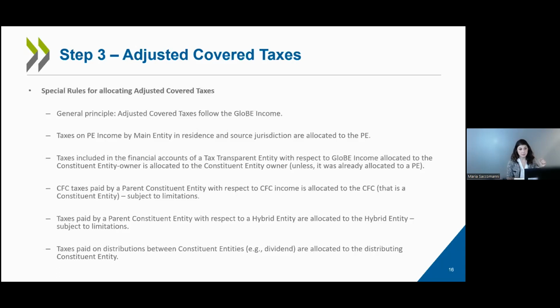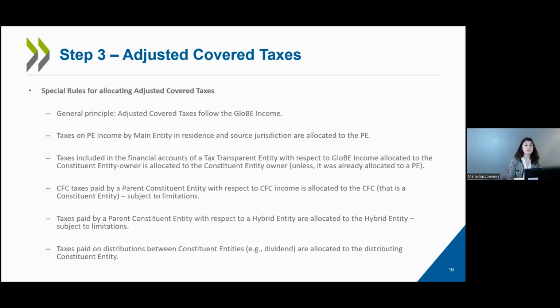Then there is a particular calculation at the level of the main entity to determine the amount of taxes that shall be pushed down to the PE. Of course, such a calculation needs to be done where the PE is included on a worldwide taxation basis at the level of the main entity. If it is exempted because of a branch exemption regime, it doesn't need to be done.